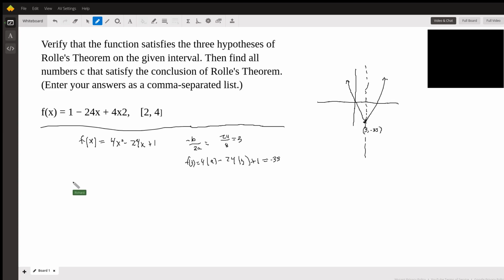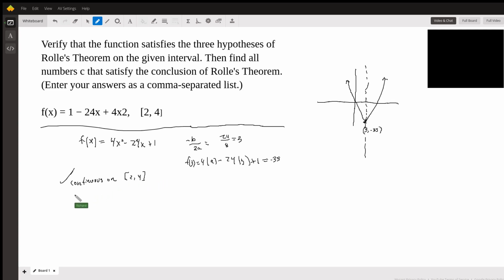It has to be continuous on 2, 4. That's true because it's a polynomial. It's a parabola opening up.